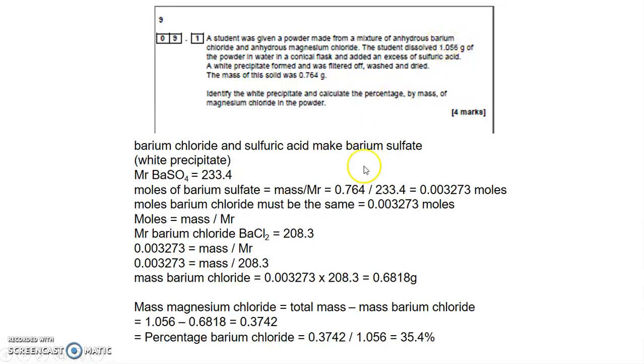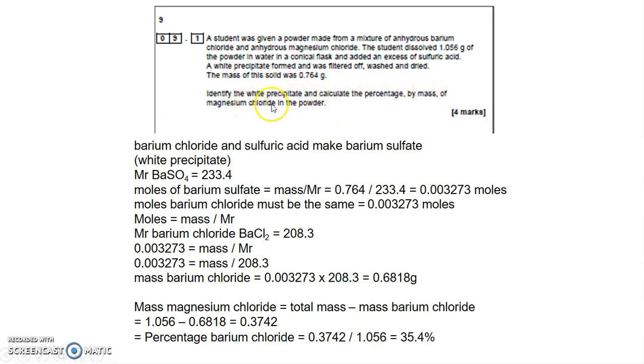If I take the total mass of the mixture, 1.056, and subtract the mass of the barium chloride, 0.6818 grams, I end up with 0.3742. That's the remaining thing in the mixture, which is magnesium chloride. So I've got 0.3742 grams of magnesium chloride.